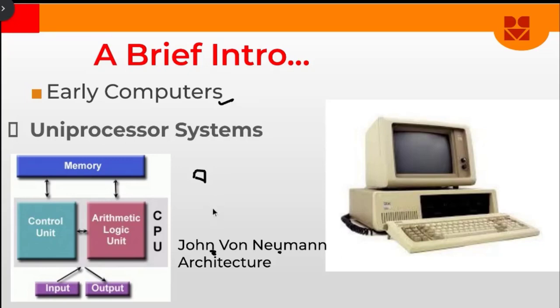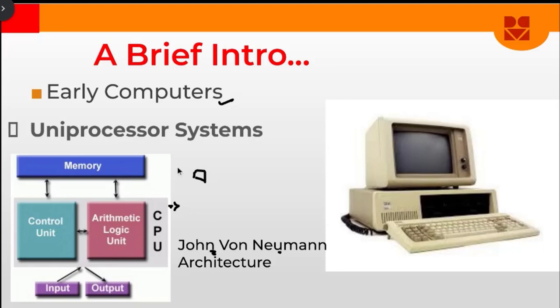It has a processor, the central processing unit, the CPU, that will process the data it takes from the input, and a memory. This memory could store information permanently or temporarily, that's the RAM.